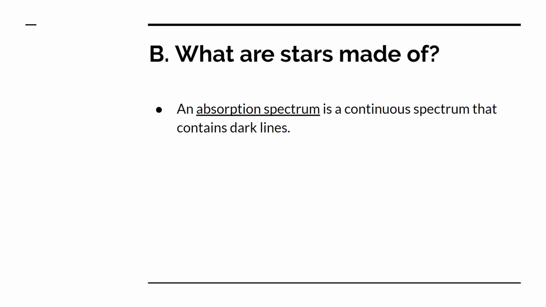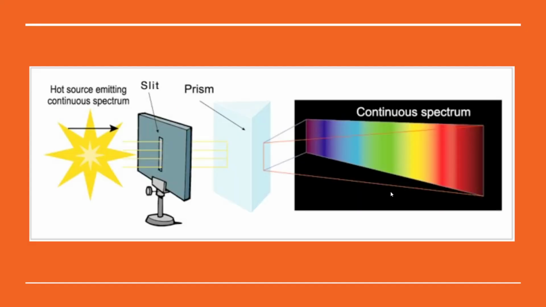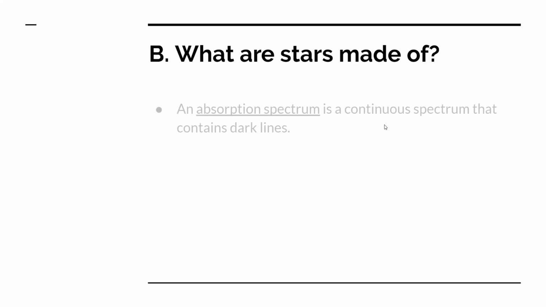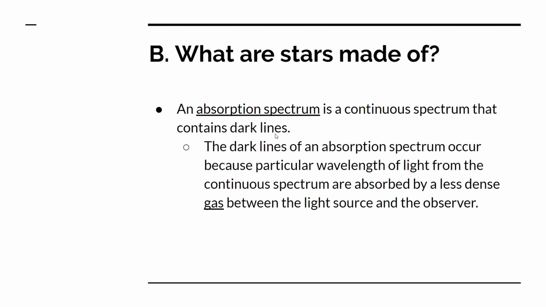Now let's think about an absorption spectrum. You'll notice in the definition it says it contains dark lines. The reason it has dark lines is because imagine sunlight passing through a really big cloud on the way here.